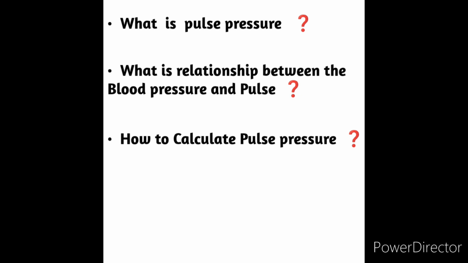We have to subtract diastolic from systolic, so here we do minus. Subtraction: 120 minus 80 equals 40. We get the answer correctly: 40 is the pulse pressure. This is the formula for the calculation of pulse pressure. Depending upon the pulse calculation or the pulse rate, we can know how your heart is working or not.